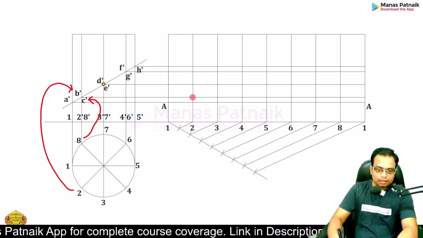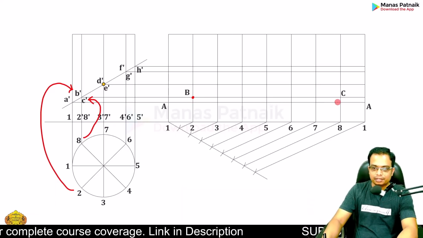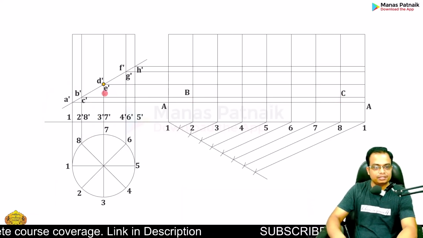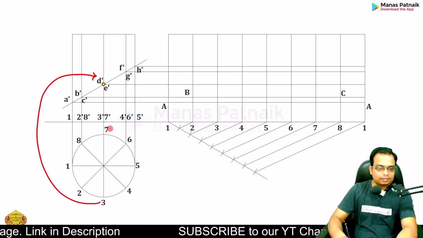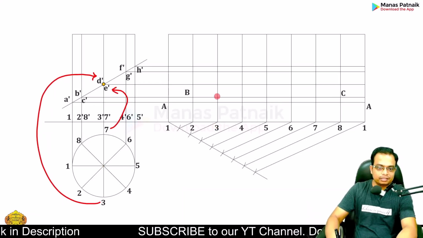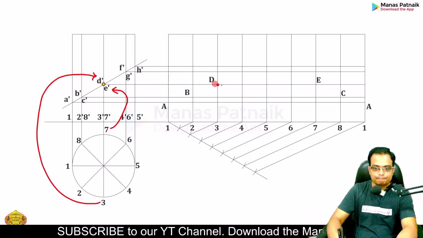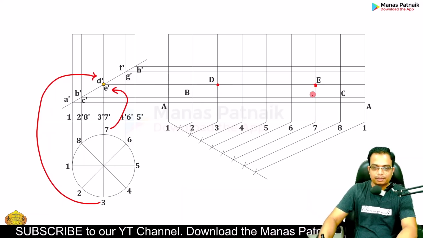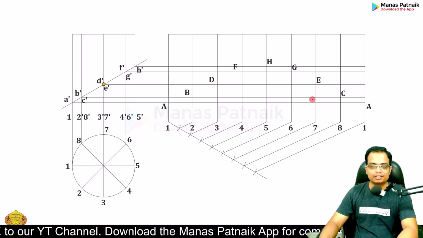So here, precisely at this location, there is point B and C is over here. Done. Very easy. In the same fashion, D is over 3, whereas E is over 7. You'll realize this horizontal line: above 3, you've got point D, and above 7, you've got point E. Okay, and I'm sure you can find the remaining points in this fashion.